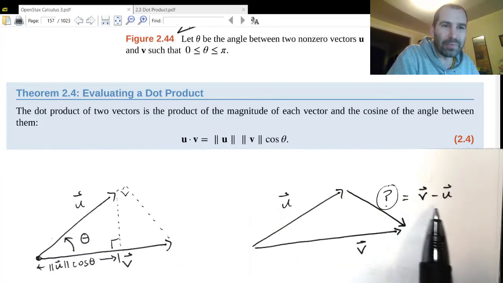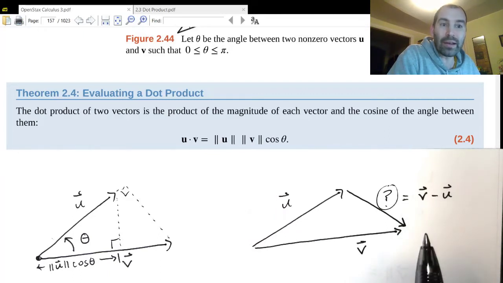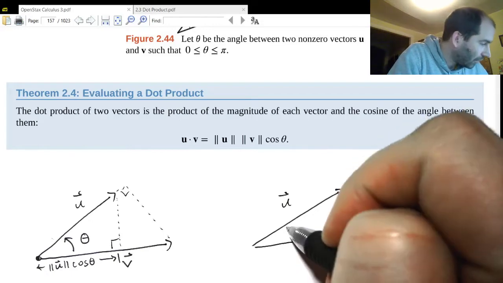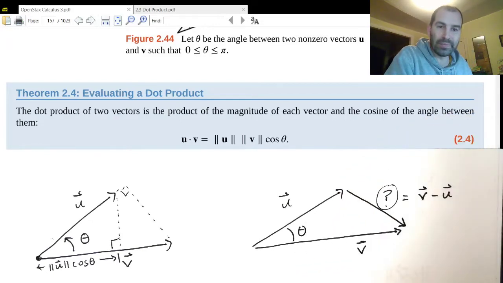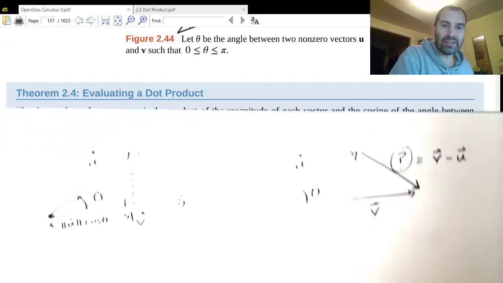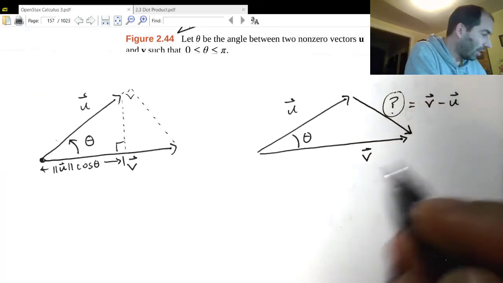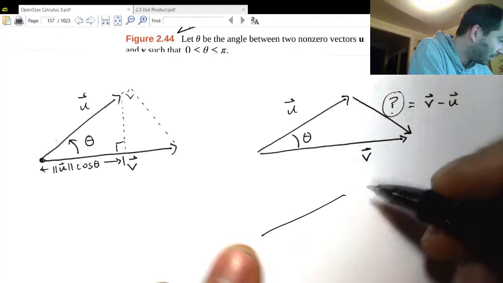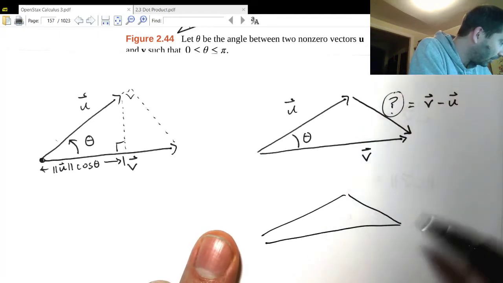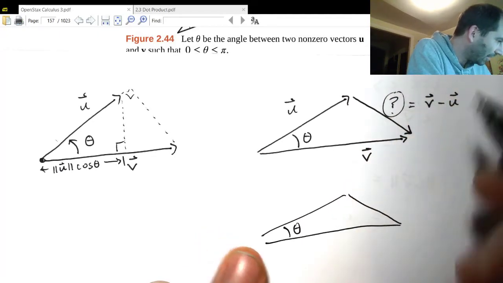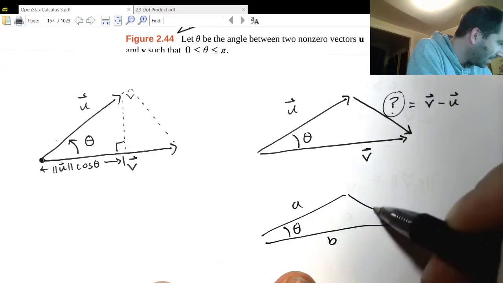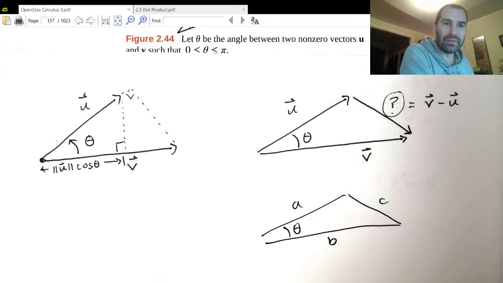What we're going to do is look at the law of cosines here. So here's the angle between these vectors. Now, what does the law of cosines say? Well, the law of cosines says that if you have a triangle, let me redraw this triangle just using letters, A, B, C. Okay, these are the side lengths, right?